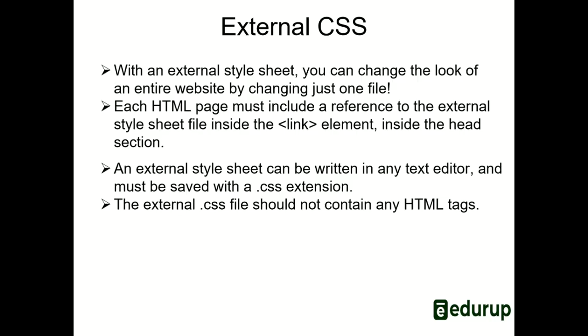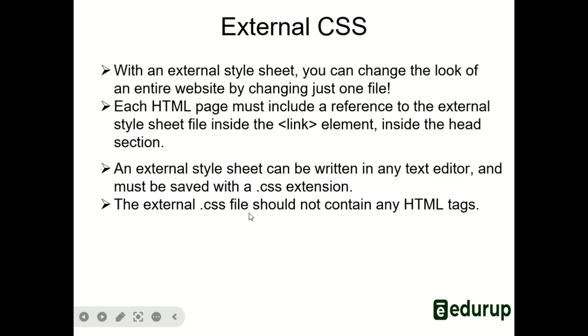If you just want to apply a style to the entire website, go for external CSS. Each HTML page must include a reference to the external style sheet file inside the link tag element inside the head section. An external style sheet can be written in any text editor and must be saved with the file extension .css.